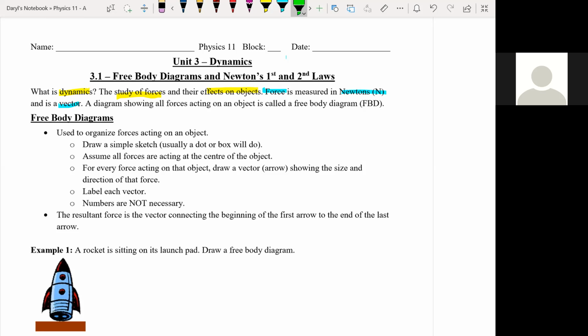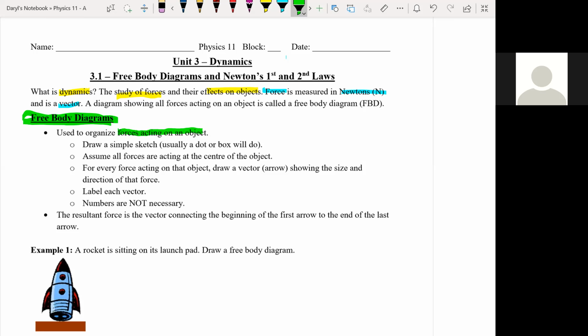An important thing to note is knowing how to write free body diagrams. They are used to organize the forces acting on the object, just identifying the forces acting on the object. You can represent a particular object by a dot, so you don't have to draw.